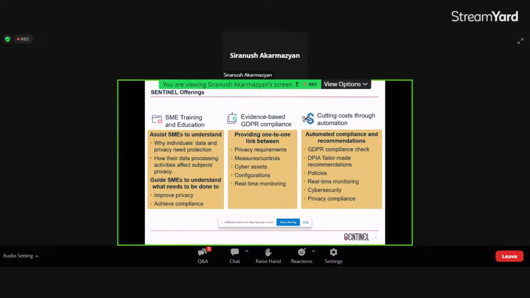And the final most important pillar of the project is that we provide automated compliance and recommendation. Through this automation, we want to cut costs for SMEs and small enterprises that generally lack the required resources in order to be GDPR compliant.